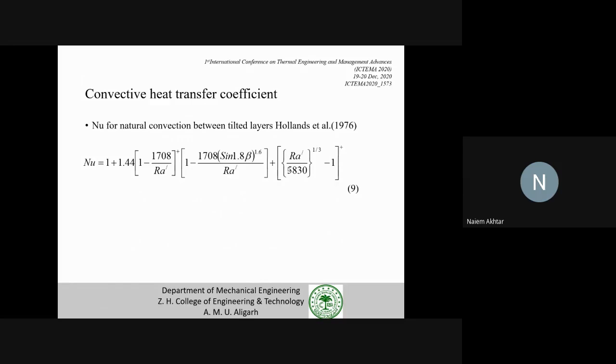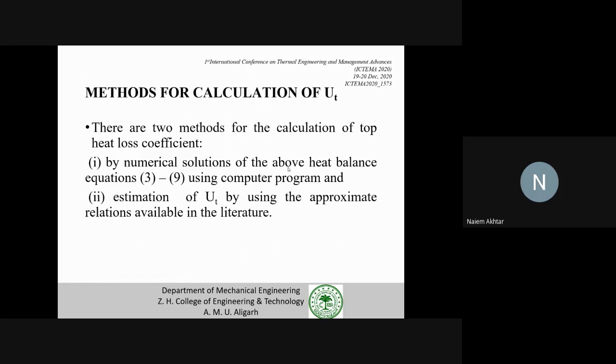So for the calculation of the top heat loss coefficient, there are two methods. Either one has to go for the numerical solution of the above heat balance equations, which we have just seen, or another way is just to estimate the values of UT from the approximate relations which are available in the literature.